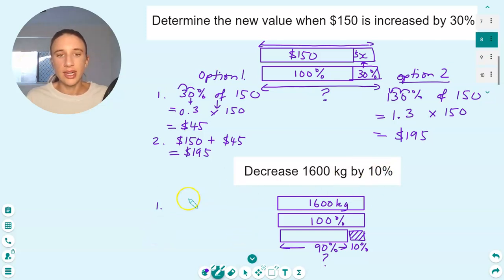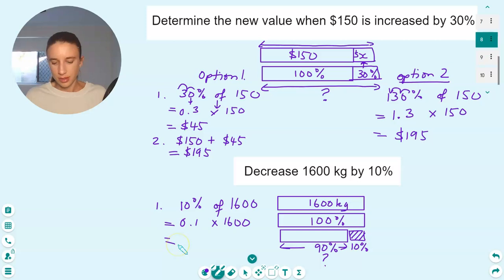So I can calculate 10% of the number, 10% of 1600, which will be 0.1 times 1600. 0.1 times 1600 is 160, and then I'd check, have I answered my question yet? Decrease 1600 by 10%. Well, it is decreased, but it's decreased a lot more than 10%. 10% is only a little bit less.